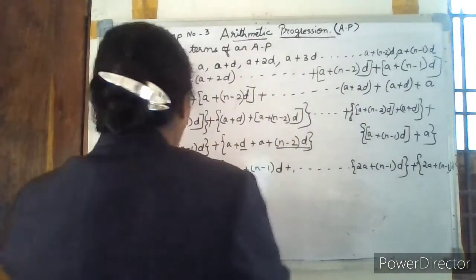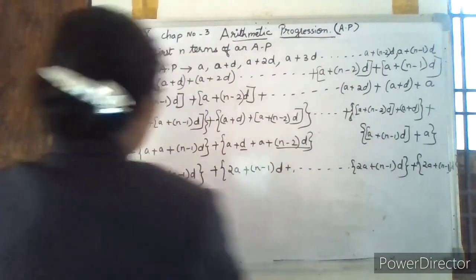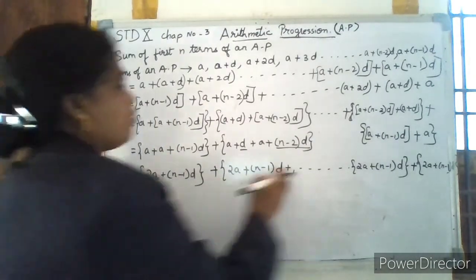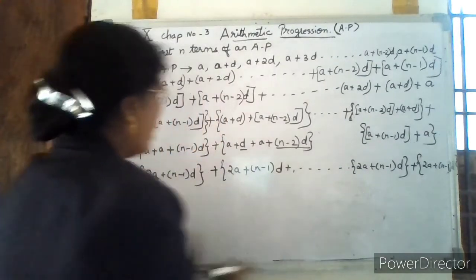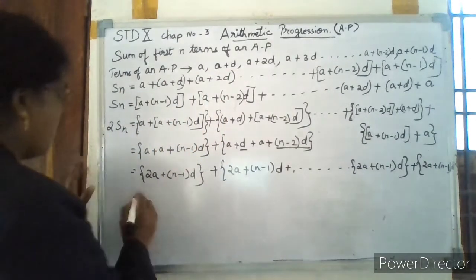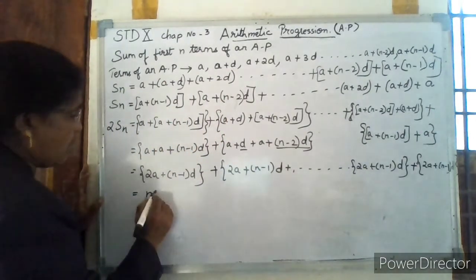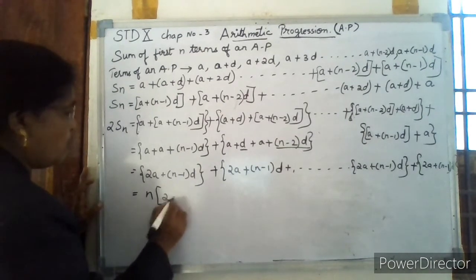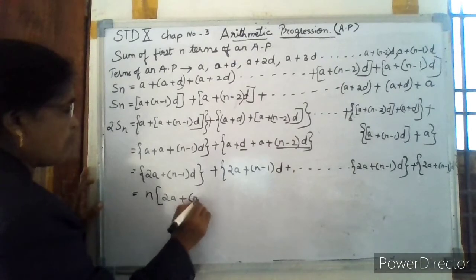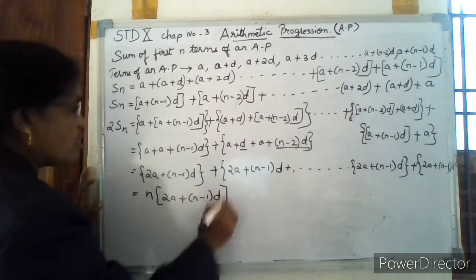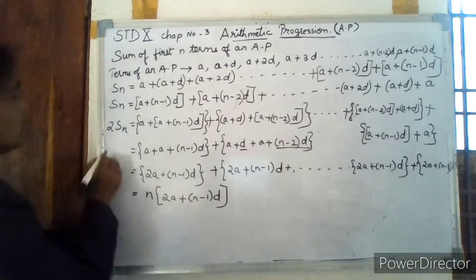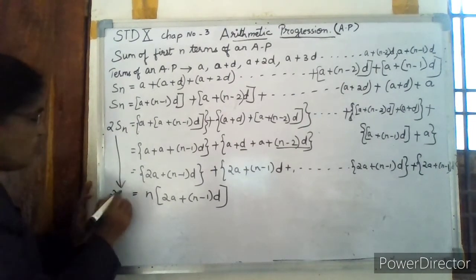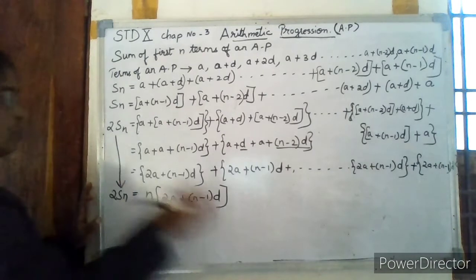They are very similar terms. How many times it is repeated we don't know. Let us take it as n times, n times of 2a plus n minus 1 into d. This whole thing is 2 times the sum of n terms, equal to this. Now these two I will bring down here.